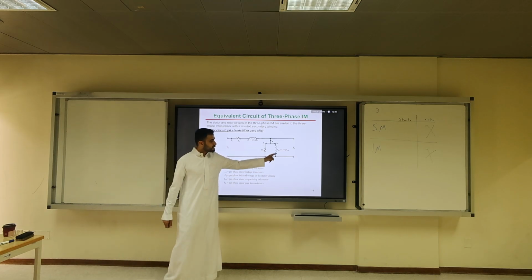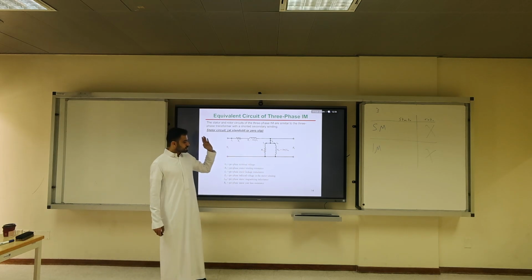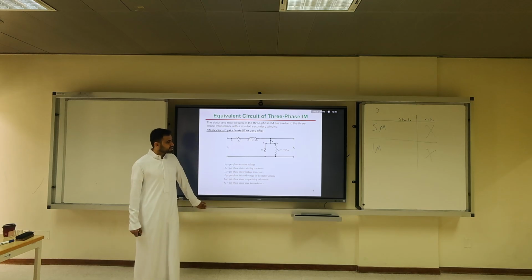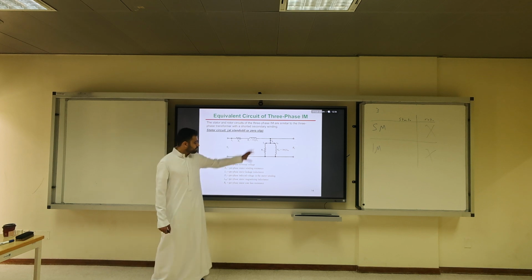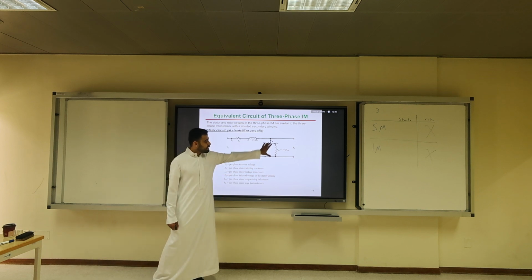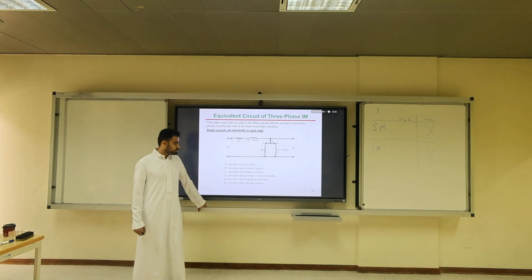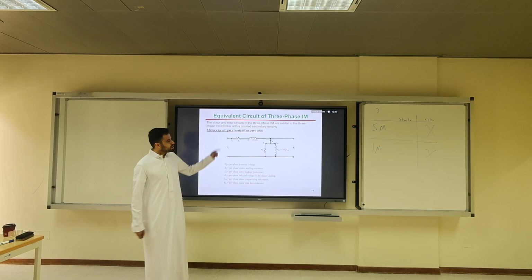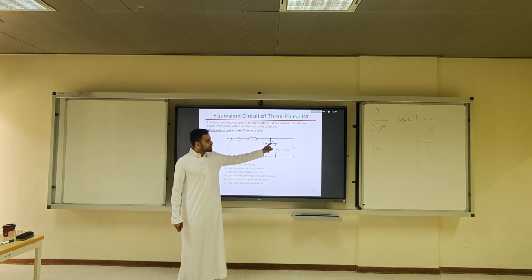So this is the equivalent circuit at standstill. V1 is the per phase terminal voltage. This is the stator, R1. X1 is the stator reactance. RC is for core losses resistance. XM is for magnetization. We already discussed this in E360. Keep in mind we have magnetization current and we have core current.